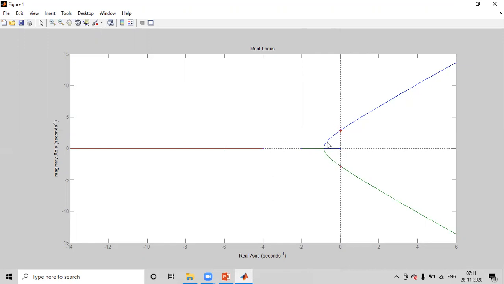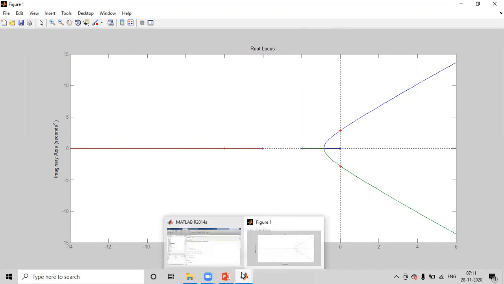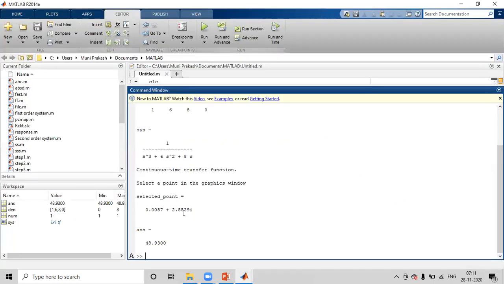Now you observe, the same thing we can cross-check in the command window. The real part is almost 0, and the imaginary part is 2.85j, around 2.8j. That is the imaginary axis cutting point. At this point, what is the gain? It is showing 48.9.